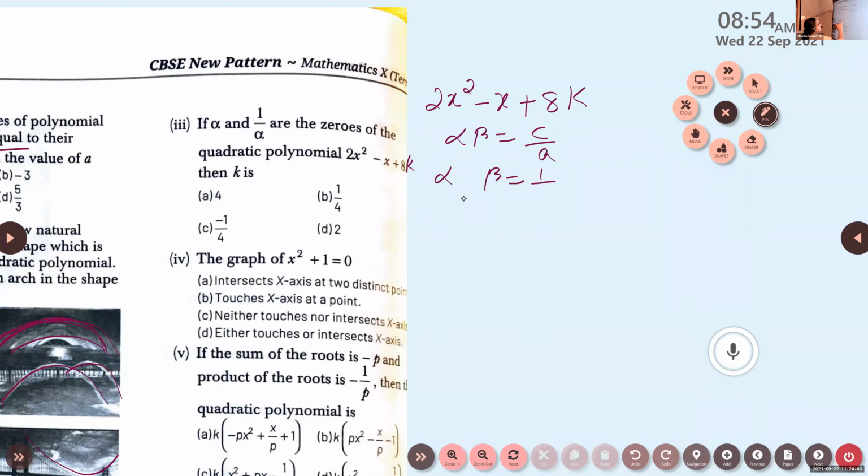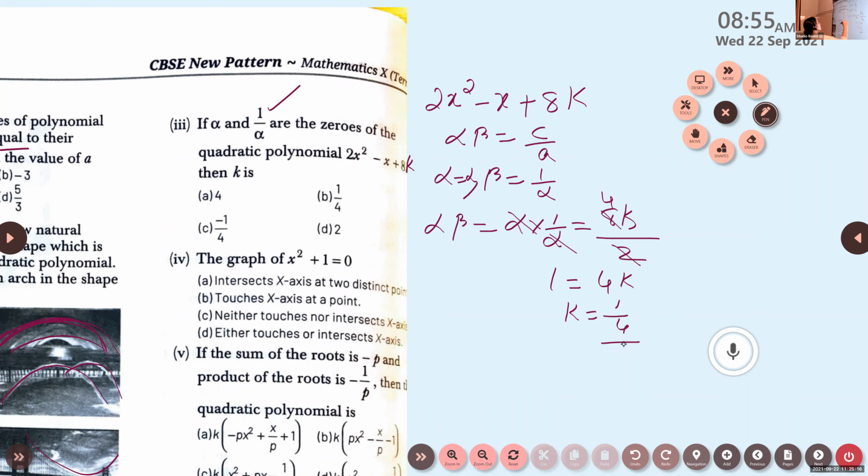So alpha into 1 by alpha equals C by A. C is 8k and A is 2. So alpha, alpha get cancelled: 1 equal to 8k by 2, which gives 1 equal to 4k, k equal to 1 by 4. K equal to 1 by 4.